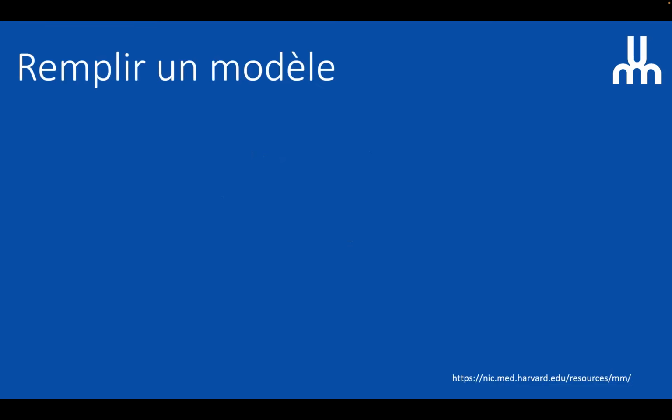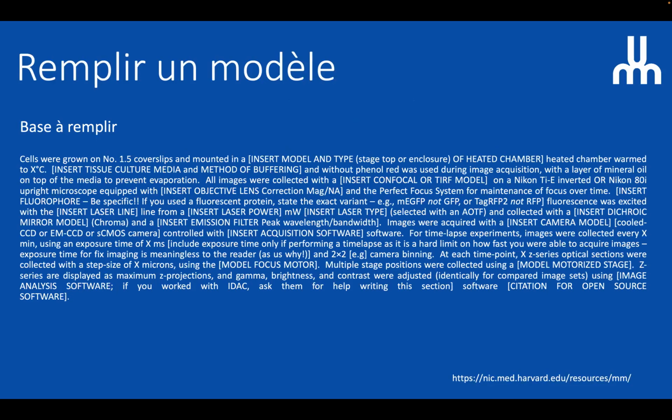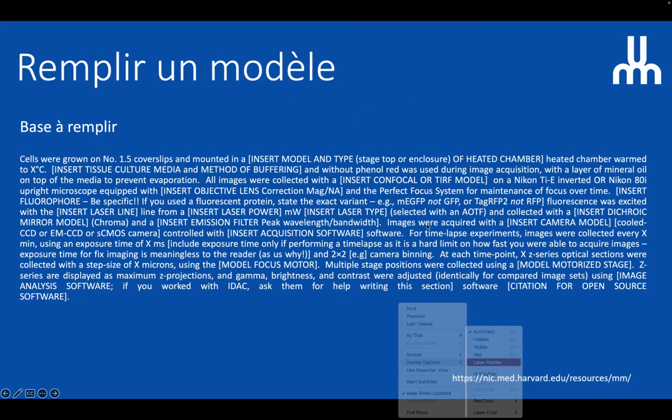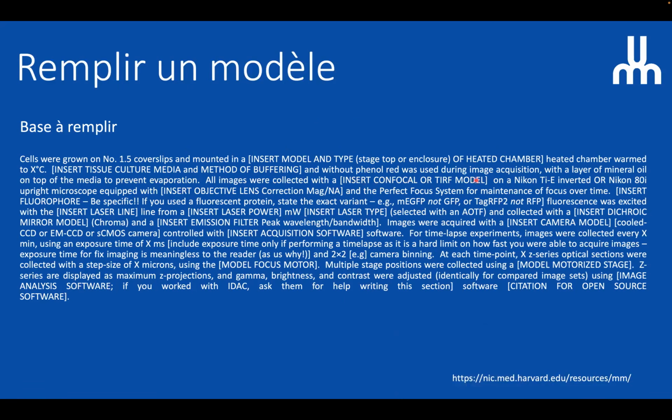This has been taken from Harvard Medical School, where they have a Nikon imaging center. Nikon gives a template, and this is the template they give. You can copy and paste this, and fill in anything that is between quotes or brackets. Here in the middle, you see you have to insert the confocal or model of microscope, because on this platform it's all Nikon Ti inverted microscopes.